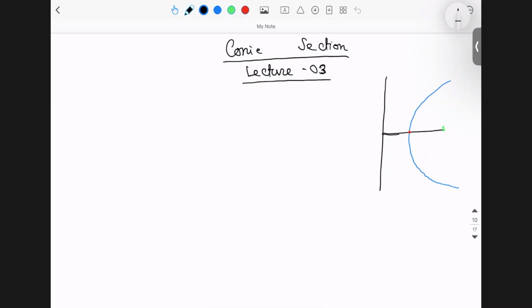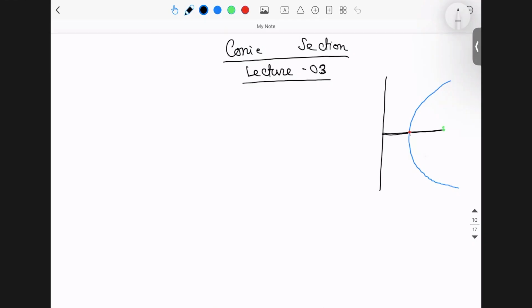Okay, so the red point bisects this black line. Why is it so? Because the distance of this red point from the green point and the distance of the red point from the line will be the same. So by this we have defined a parabola.